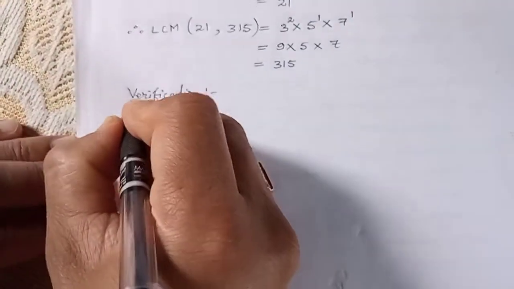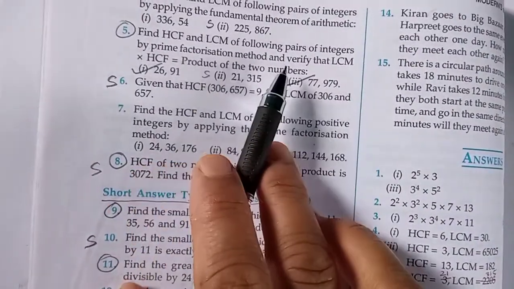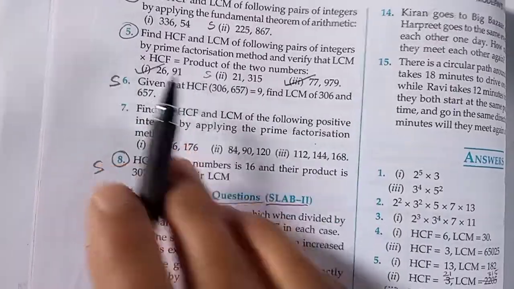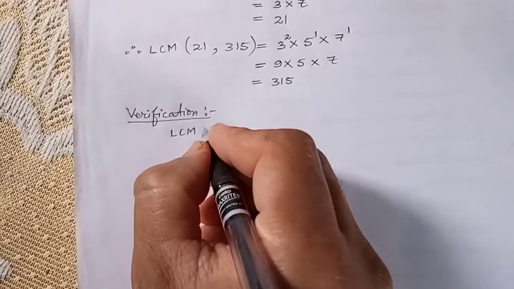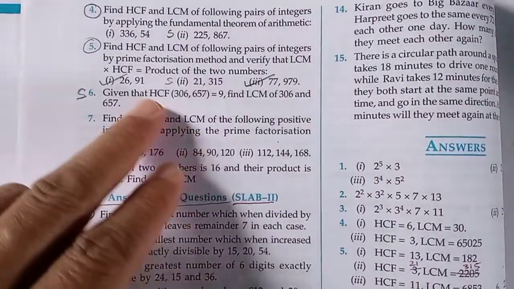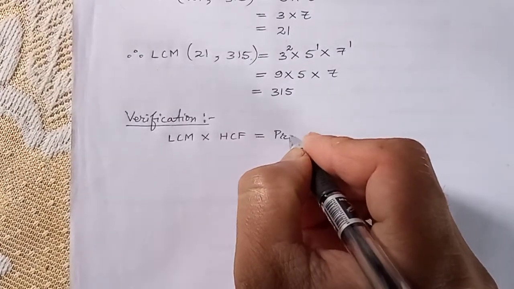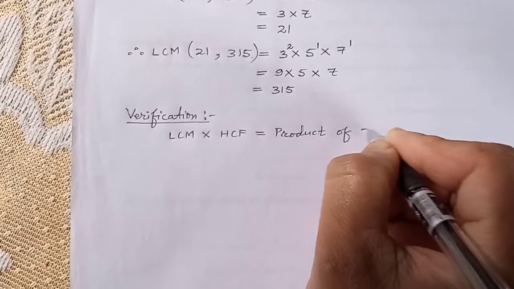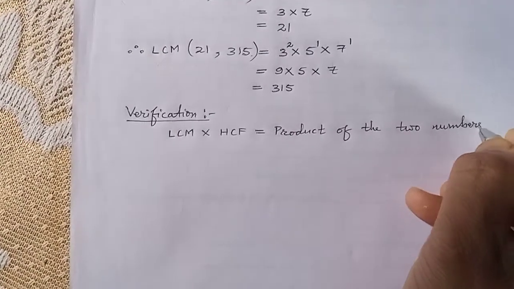For verification, we copy the given statement. Look very carefully in question 5: verify that LCM into HCF should be equal to the product of the two numbers, the two given numbers.